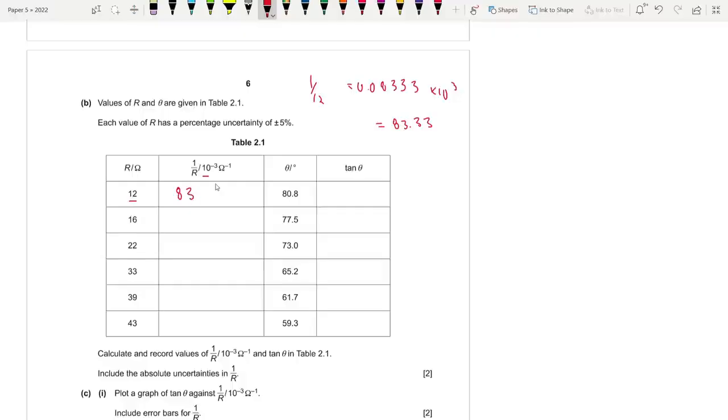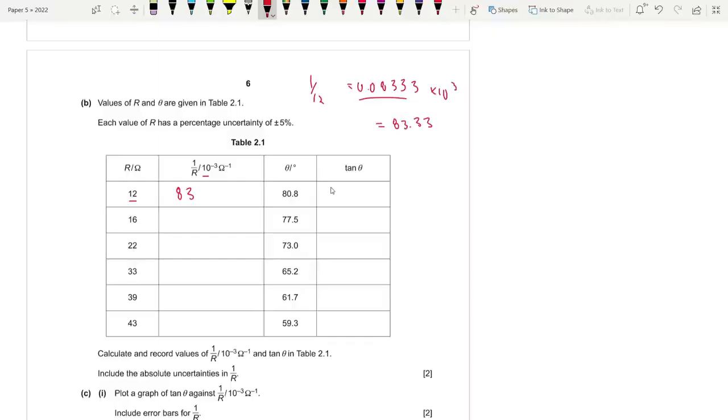Because if you want to find out the actual value, what do we need to do? 83 into 10 to the power minus 3, which gives us our actual one, right? Hopefully it makes sense. What about the uncertainty? Since 1 by R depends on R, the uncertainty is just going to be 5% of this, into 0.05, right? We are getting a value of 4.17.